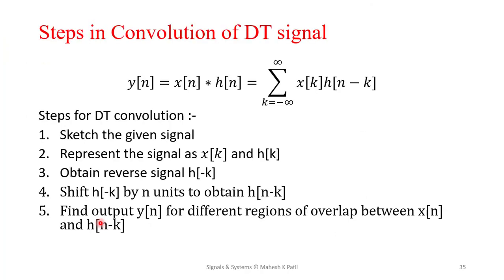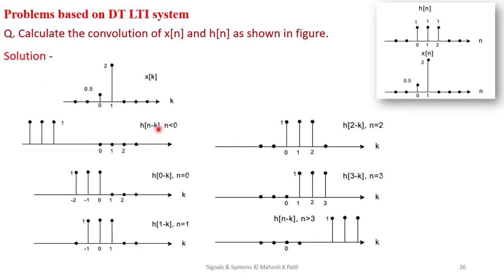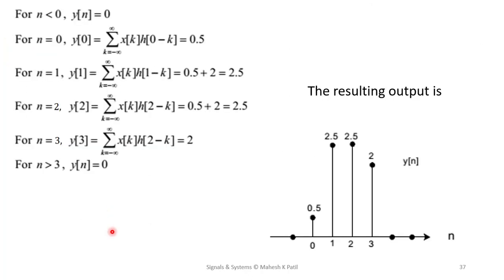So you can observe here 0.5 into 1, that is 0.5, plus, for one location, k equal to 1 here and here n equal to 1, this signal is 2 and this signal is 1. So 2 into 1, that is 2. So 2 plus 0.5, that is 2.5.